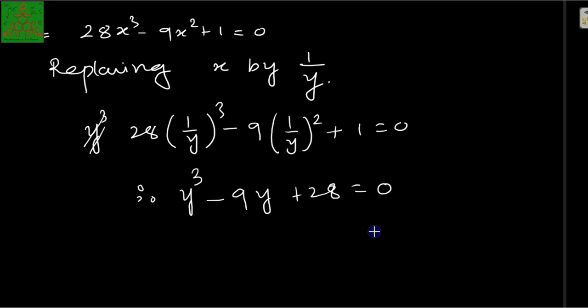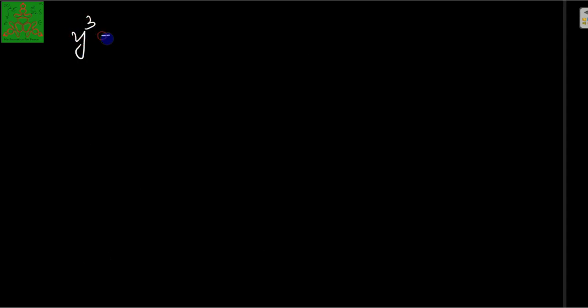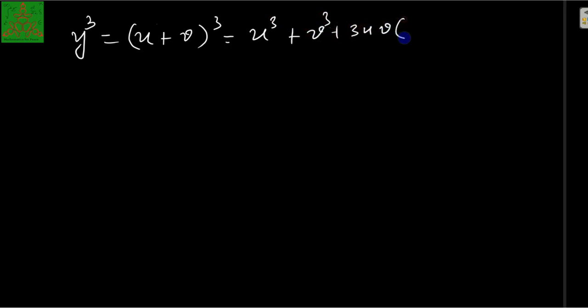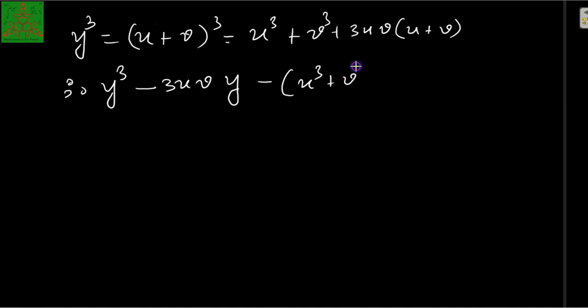So as per Cardan's method, we have to put y equal to u plus v into this equation. And once we have assumed this as one root, if I cube both sides, we'll have y cube equal to u plus v cube, which gives you u cube plus v cube plus 3uv into u plus v, and hence this will give you y cube minus 3uv y minus u cube plus v cube equal to 0.